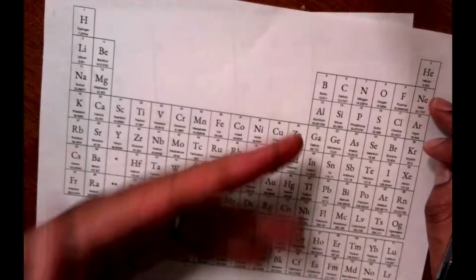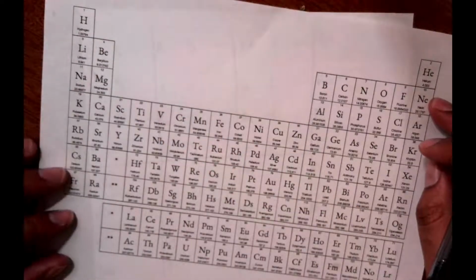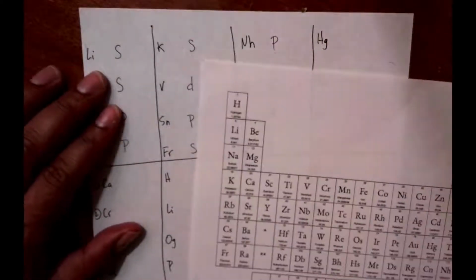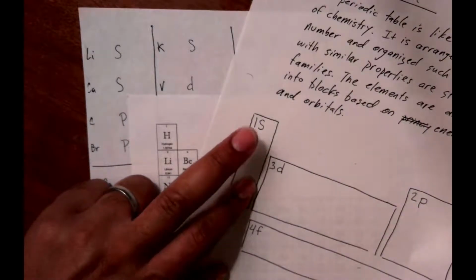Now what we need to do is identify what floor it is on to help us identify the exact location of the element. And so when we go back to lithium, now here's where the practice comes in. Remember in our notes here, the S tower started on floor number 1.